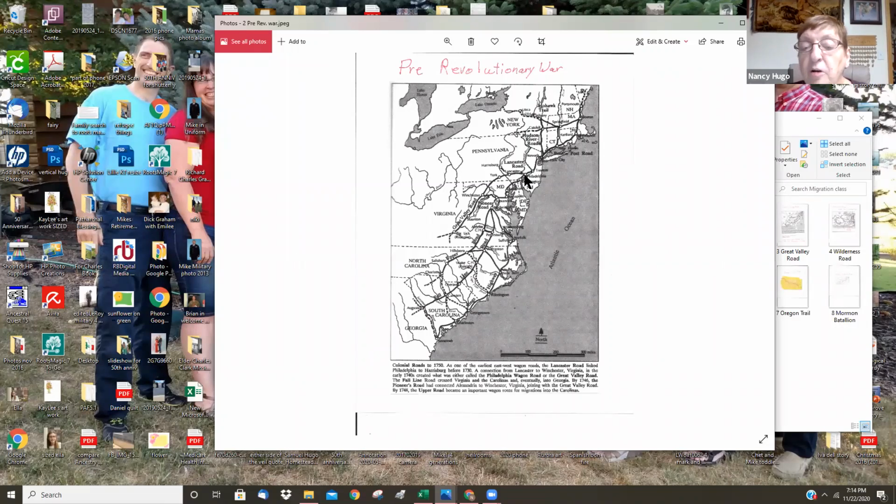And so they wanted to go someplace where there was more land. And so they went down into North Carolina. And so they took mostly this road called the Great Valley Road. And some of my ancestors did this. They married in Philadelphia, and then they moved down, and they kept coming. They came clear to Salisbury, North Carolina.